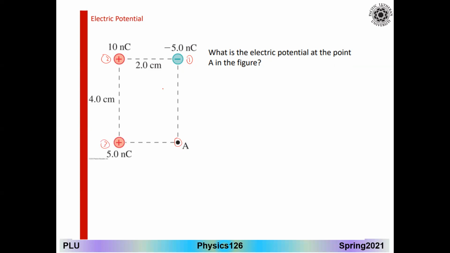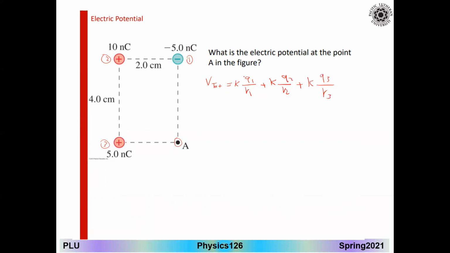The equation that I will use is V total equals the summation: K Q1 divided by R1, plus K Q2 divided by R2, plus K Q3 divided by R3.